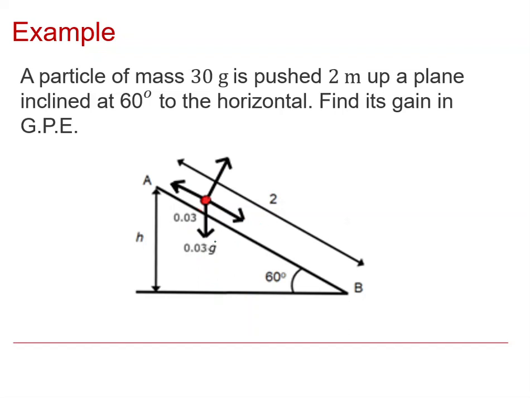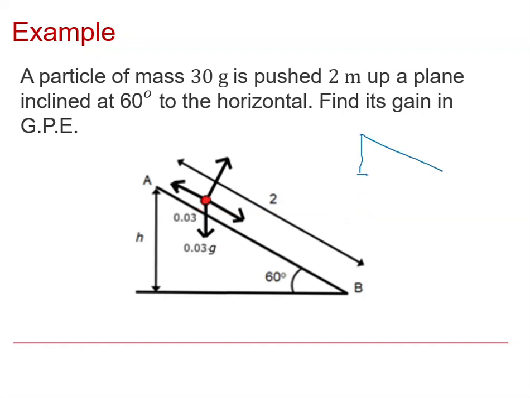Now what we're interested in here is the gain in potential energy, which is essentially the work done against gravity. And our calculations on the previous slides have shown that we're interested in finding the height. So if the slope is 2 meters, let's draw a quick model of the slope.